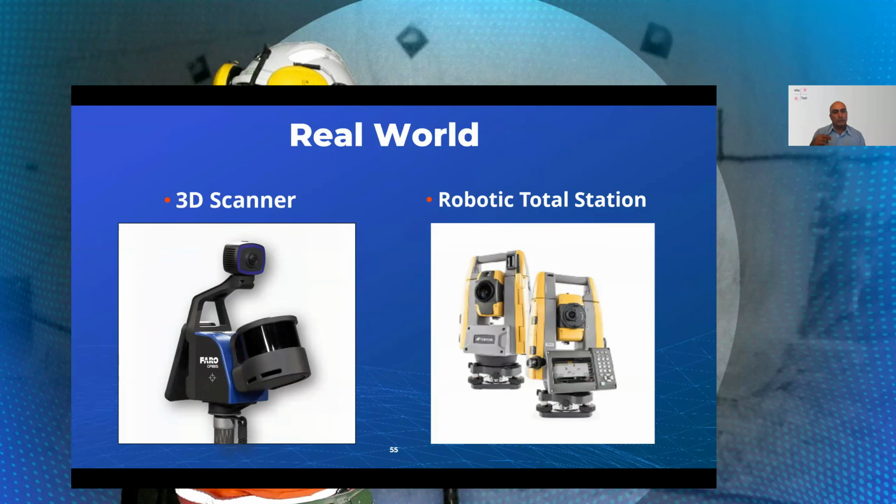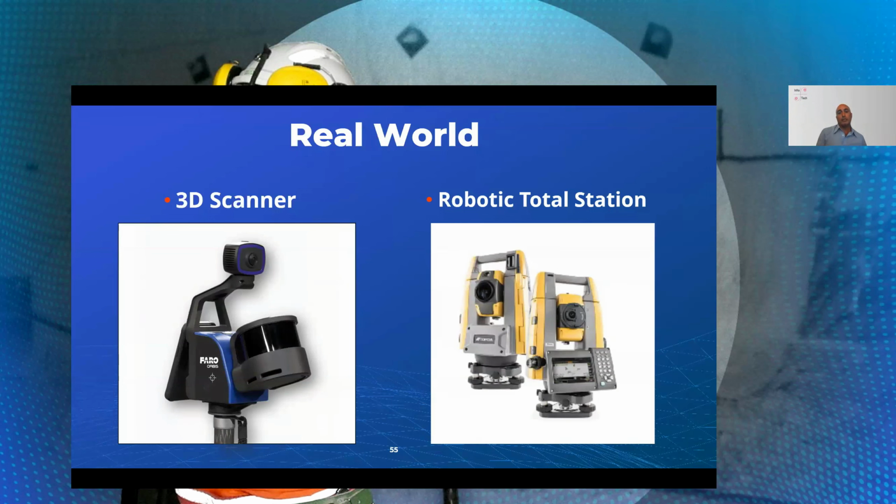As you can see on this slide, on the left side you see the 3D scanner, which is really simple to use. You just hold it literally in your hand and walk. You don't do anything else. You're not worried about any height that you need to enter. You don't need to be worried if you are getting the right point or not, if you're looking at the right corner or not.